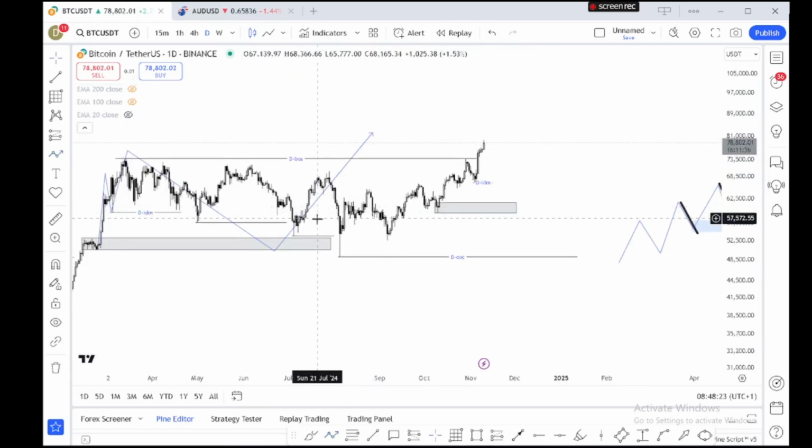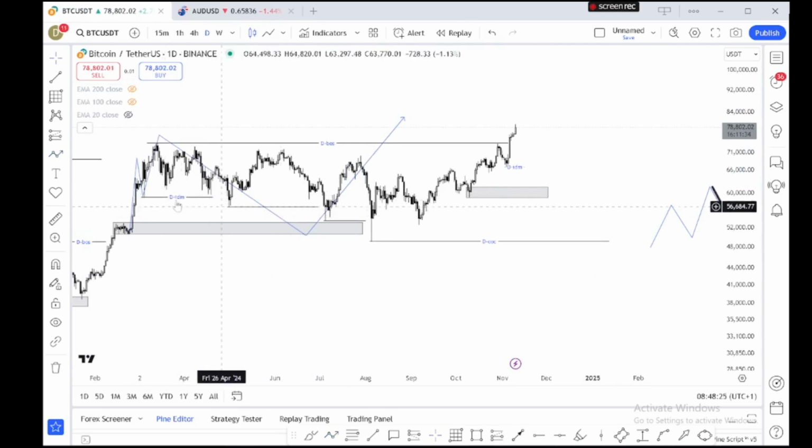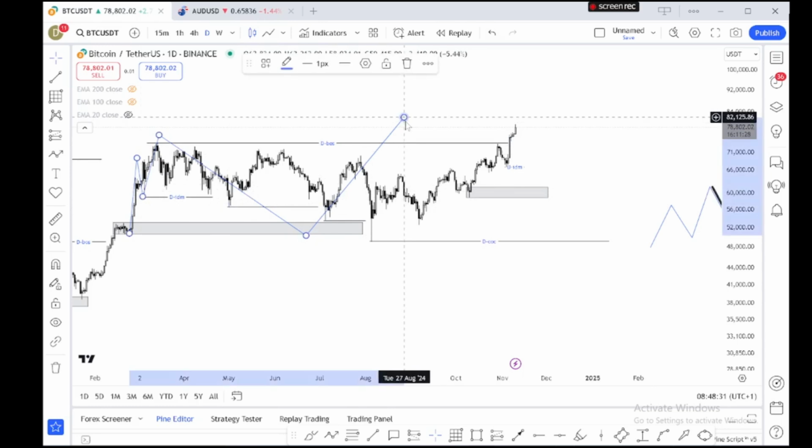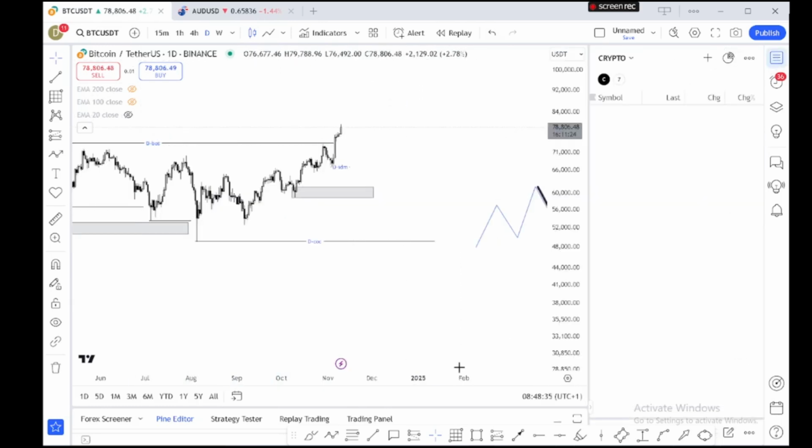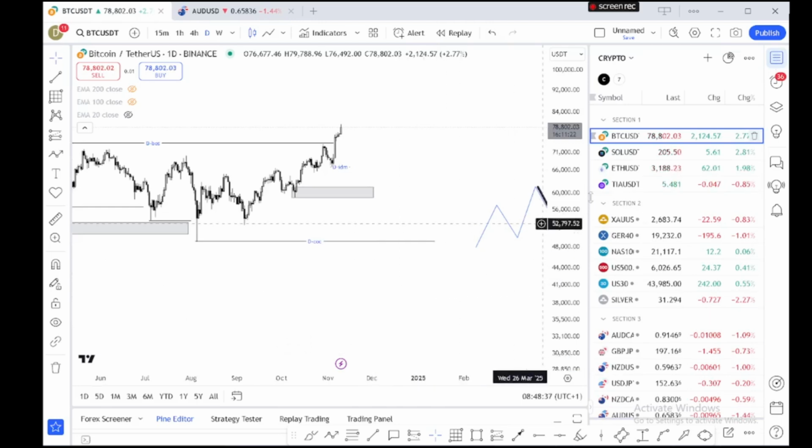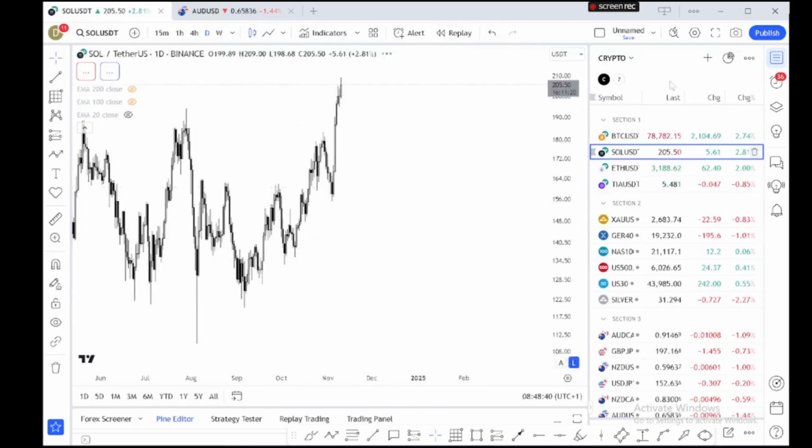You see that after it took out this liquidity, this is the only inducement. This one is just a pullback, internal structure. Whenever the market takes out inducement and is ready to move, that's when you see the actual move.